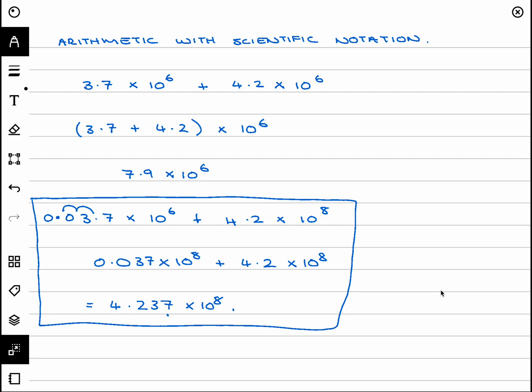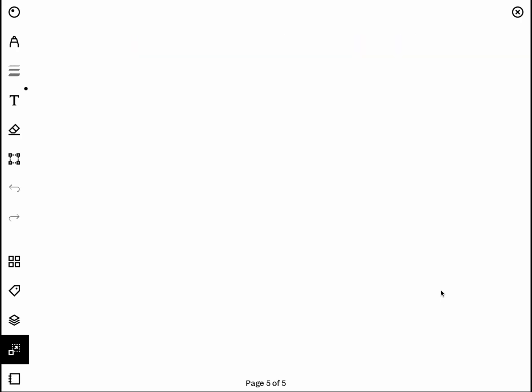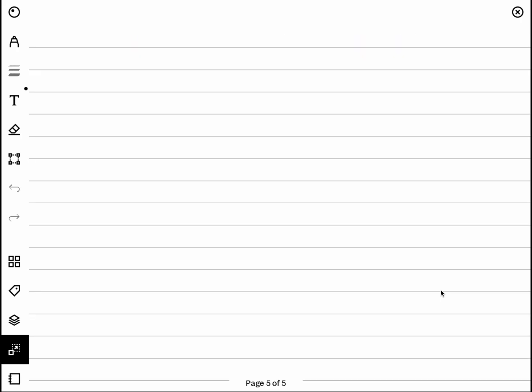The other type of problem that we can get is when we're multiplying two terms. So if I have, for example, 2.0 times 10 to the 6 times 4.2 times 10 to the negative 2, we can see what this is going to be.